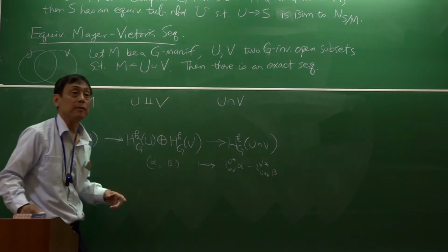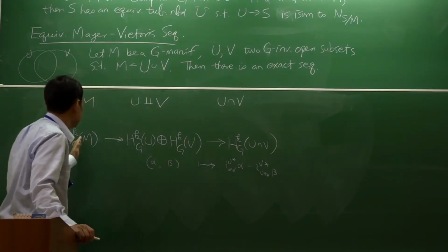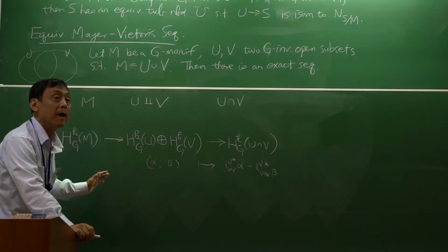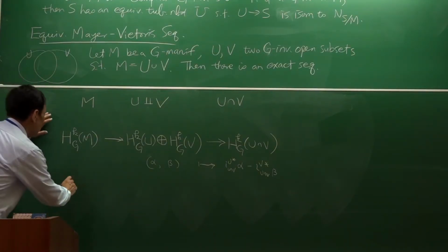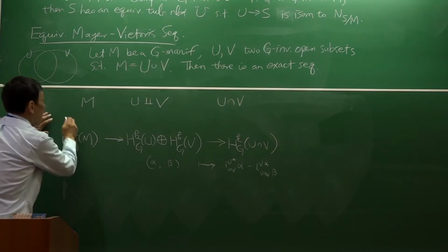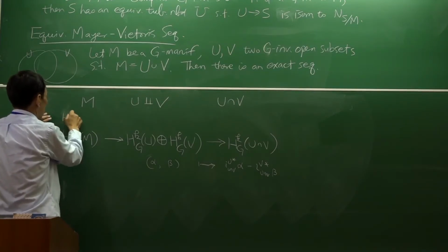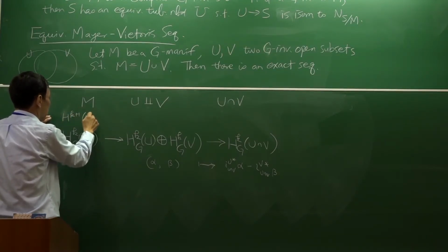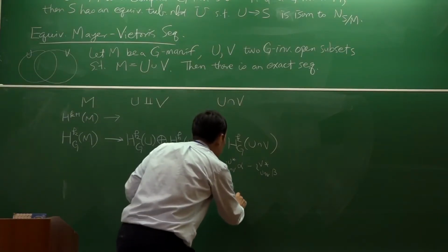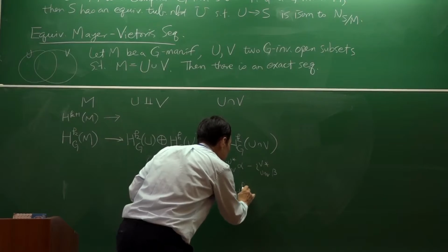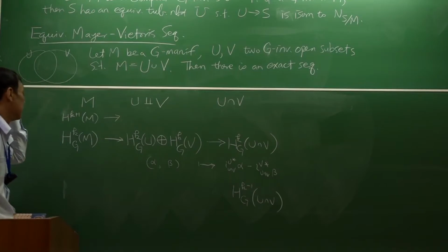Okay? So this is basically the difference map. And here is just the restriction map. So you have this in every degree. You have it in H^{k+1} also. And then here you have it in H^{k-1}.